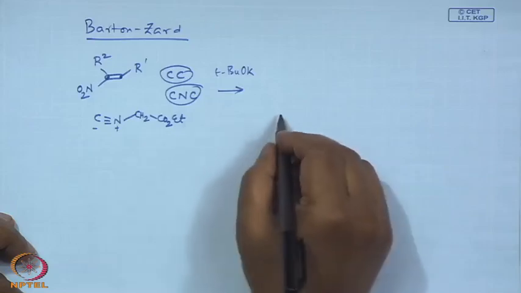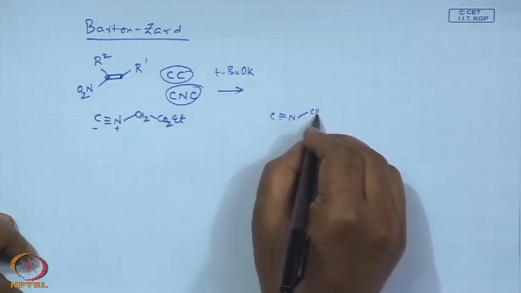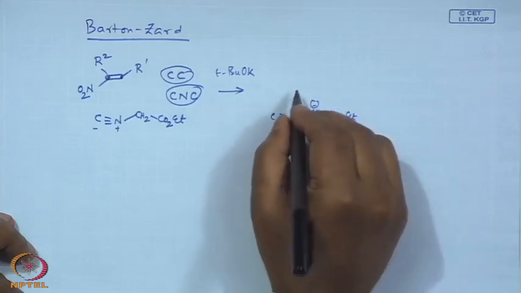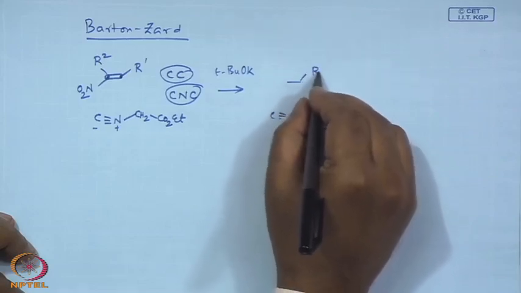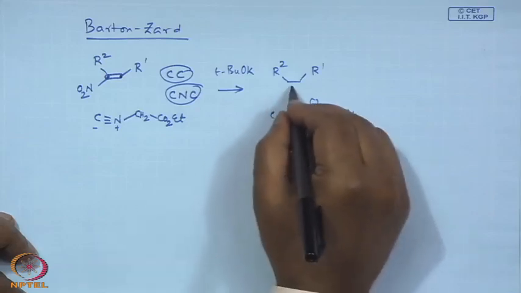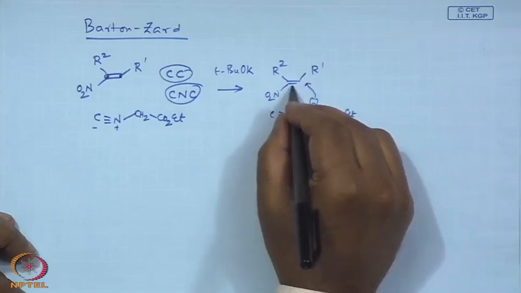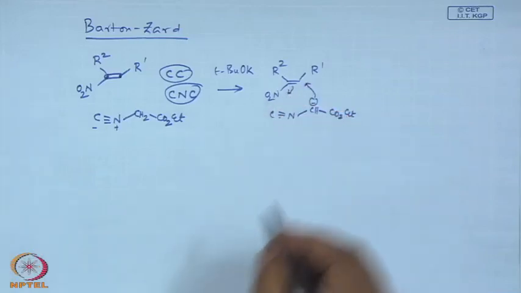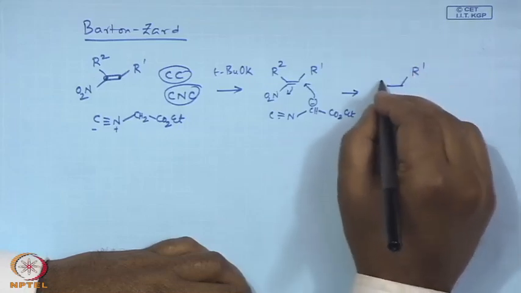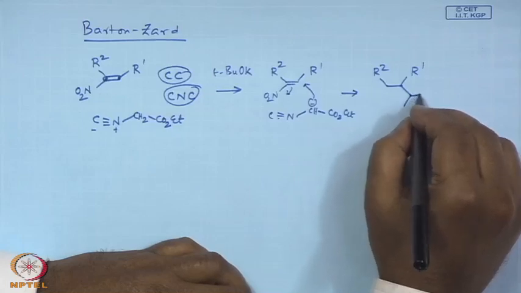In this case, the acidic hydrogen that would be picked up is the one between the ester and the isocyanide group, and then all of us know that Michael addition is one of the fastest reactions. So, it will undergo Michael addition. What does it do? It creates a new carbanion. So, eventually there is a new bond here.